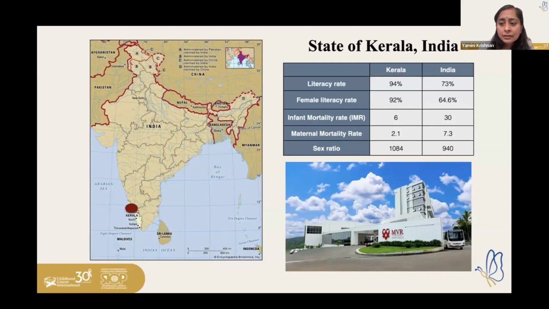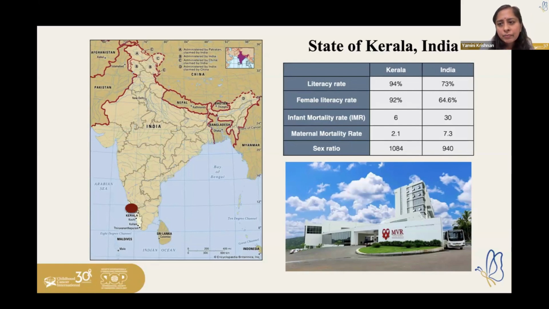So our health indices are quite good. Let me just tell you an important point that this setting might not be the same as in other parts of India. So it will be different from what you see in other parts.